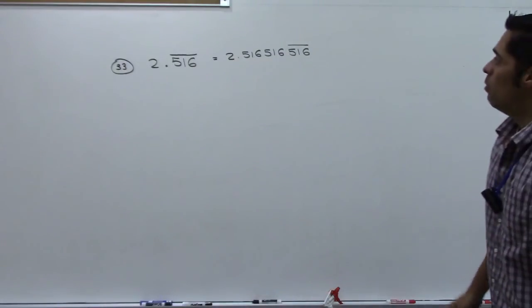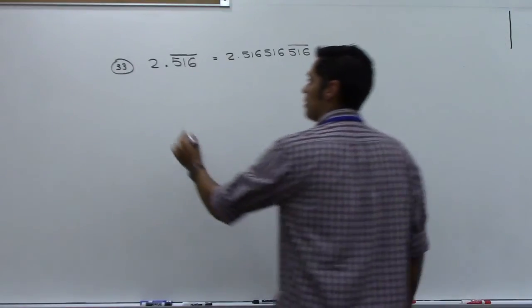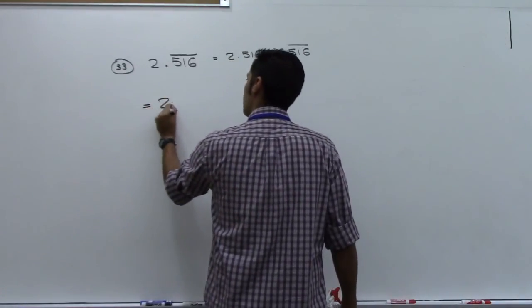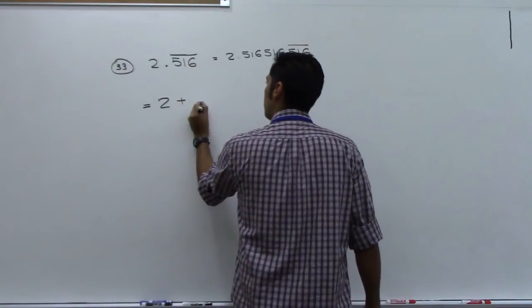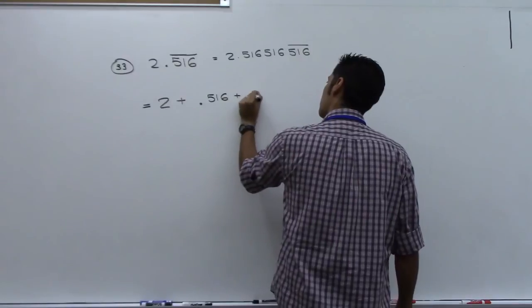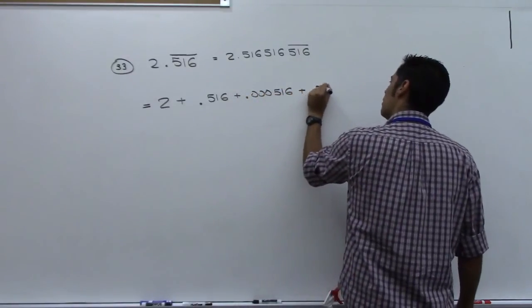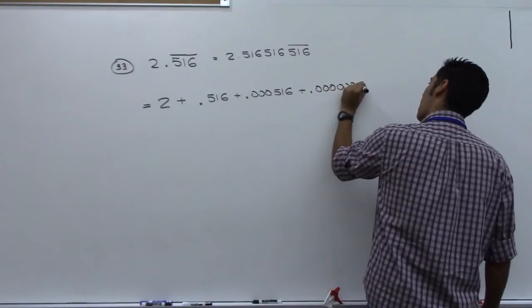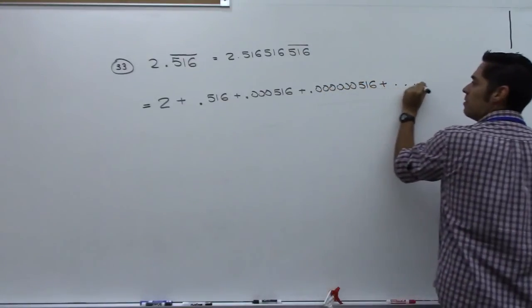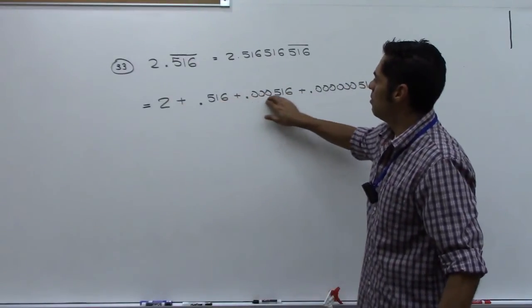And we need to figure out what that means. Well, how about this? Isn't this 2 plus 0.516 plus 0.000516 plus 0.000000516 plus keep going.